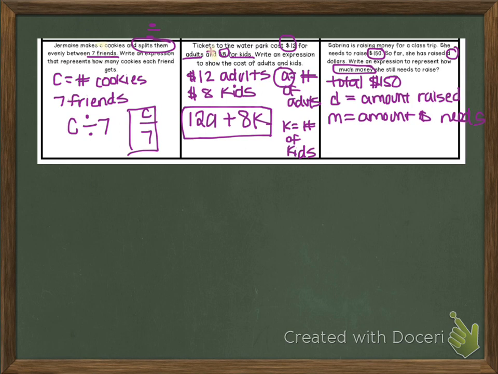We won't always have two variables in our problems, but in this case, our expression would be that I need a total of $150, and I'm going to subtract the amount I've already raised. What letter represents the amount I've already raised? D. And just so we know that that is going to tell us how much we have left over. So here's our expression. And in the end, when we solve that, it would give us the amount that we need.